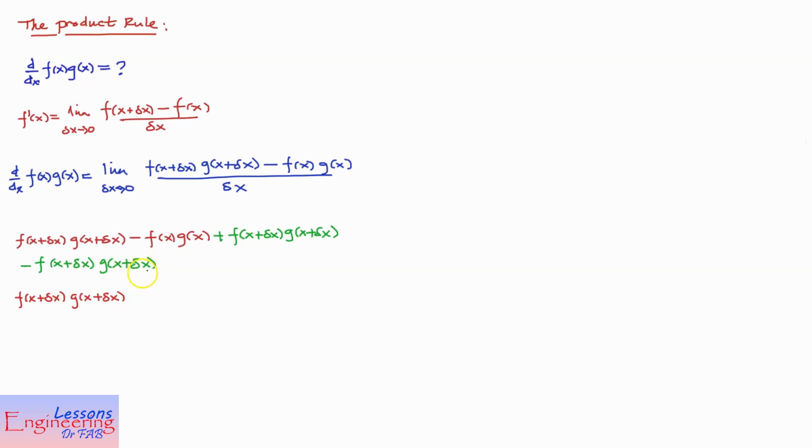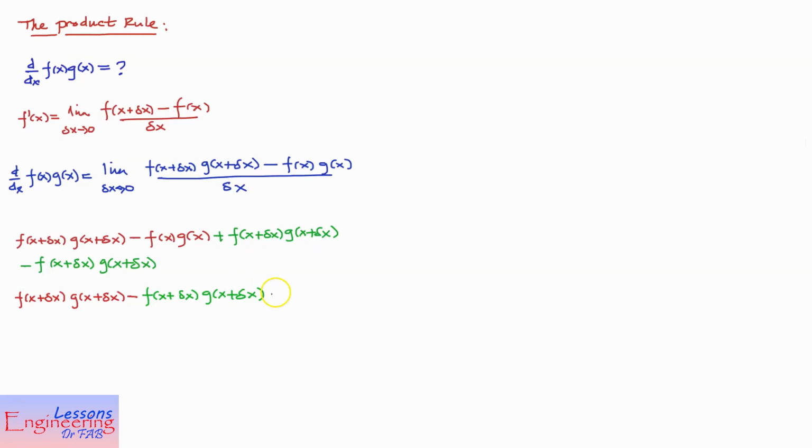Now I will take this and put it here, minus f of x. Let me use a different color so we can differentiate which one is which. So f of x plus sigma x times g of x plus sigma x. Okay, and let us bring this again now.